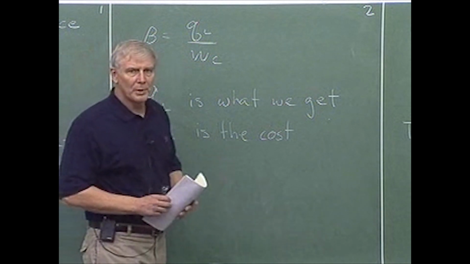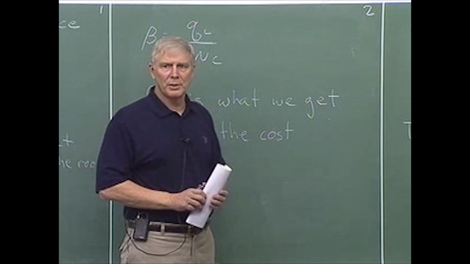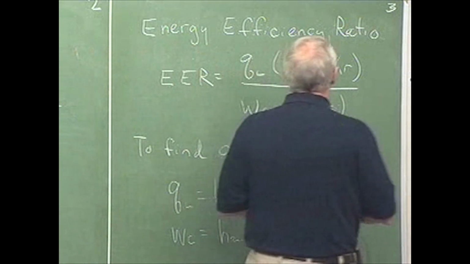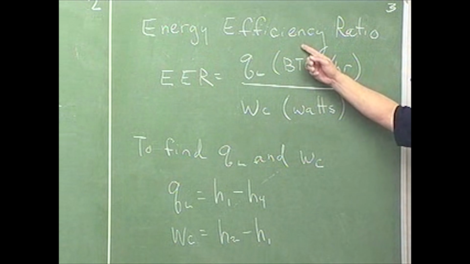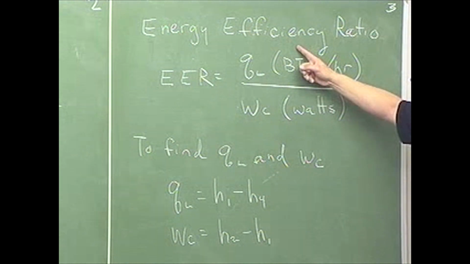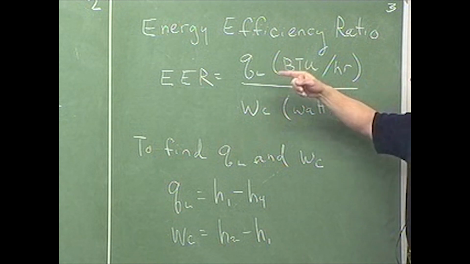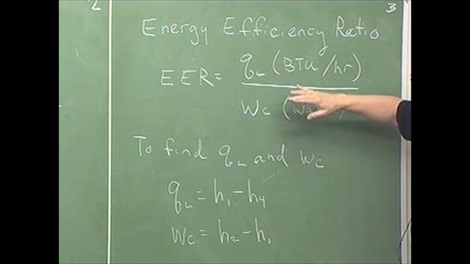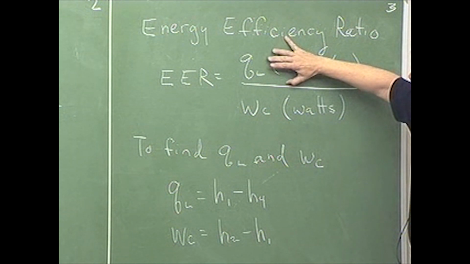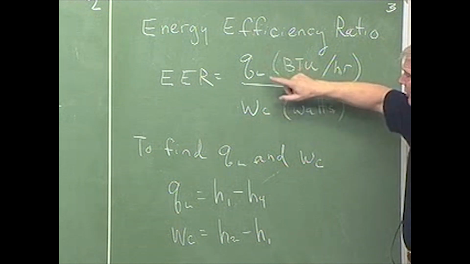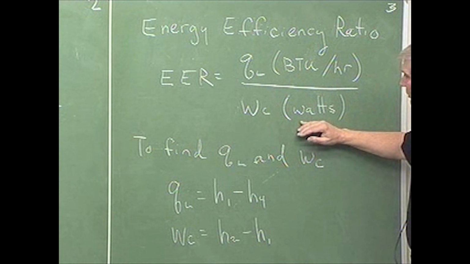Okay, another parameter that we use to measure the performance of an air conditioning system is what's called the energy efficiency ratio. And you'll usually see this on an air conditioning system. Actually, you'll see this more often than you see the coefficient of performance. The energy efficiency ratio is measured exactly the same way we do the coefficient of performance, except the units are different.